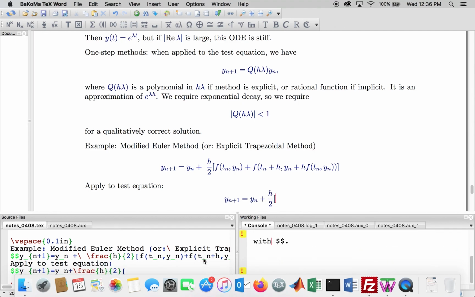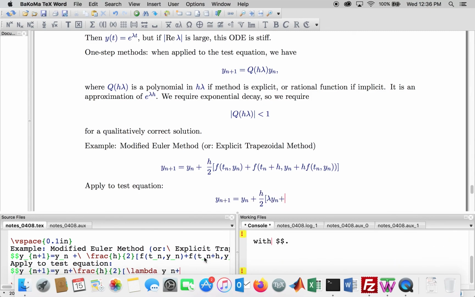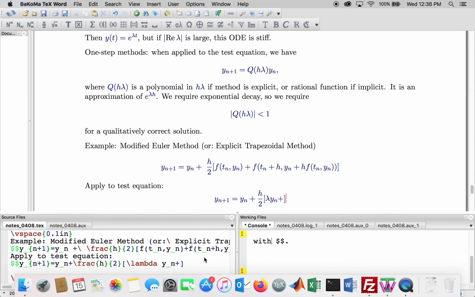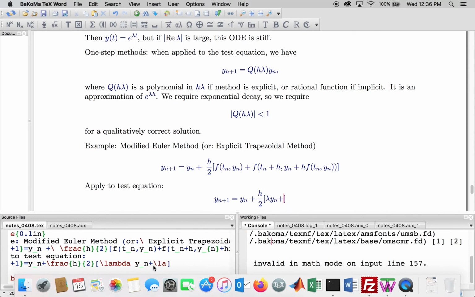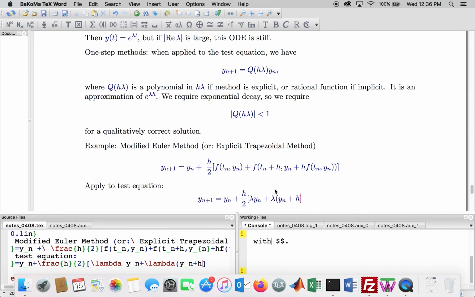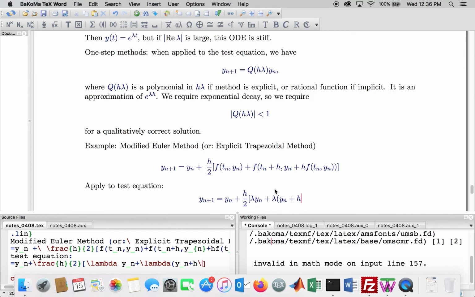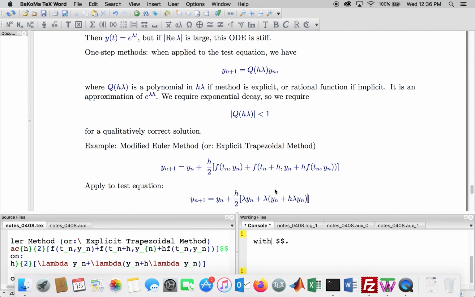And I have, for f of t and yn, that's just lambda yn, plus, for the other part, lambda applied to this part. So I'm going to have lambda times yn plus h f again, but that's also lambda yn.